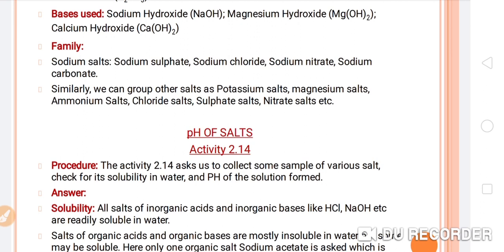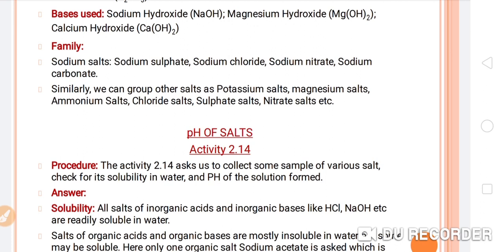So these are all salts of sodium which belong to the sodium family. Similarly, potassium salts: potassium chloride, potassium nitrate, potassium sulfate, potassium bromide, potassium carbonate, potassium acetate. Is it clear? So these are all the salts.